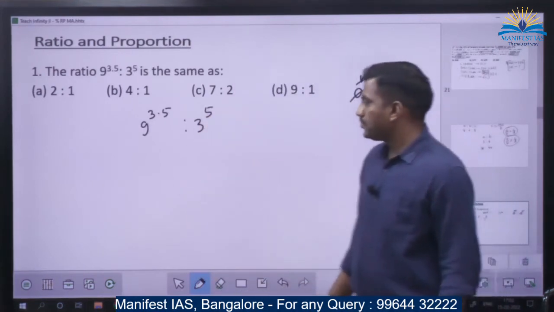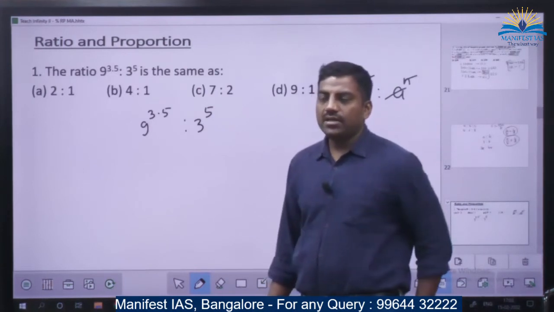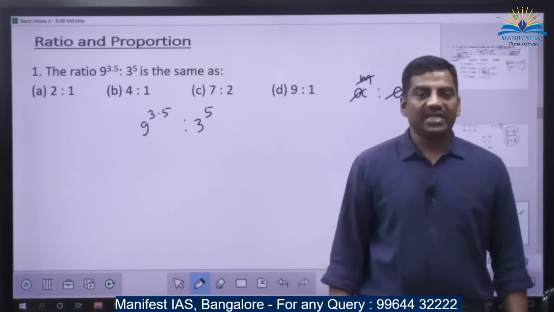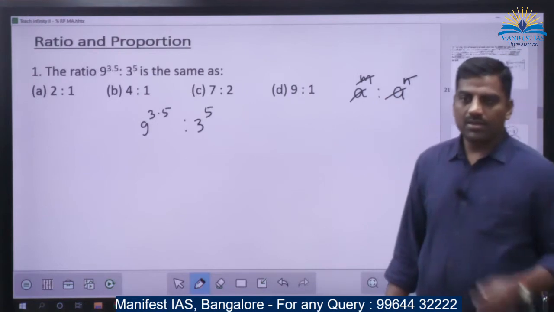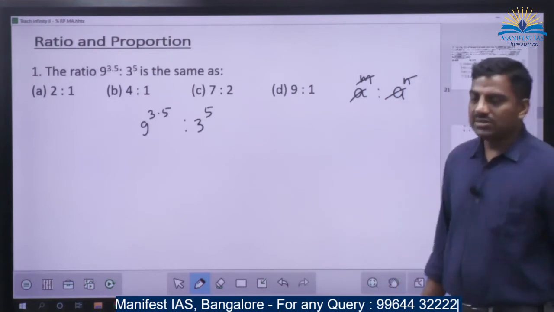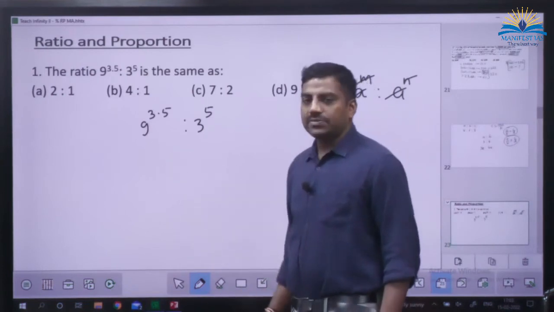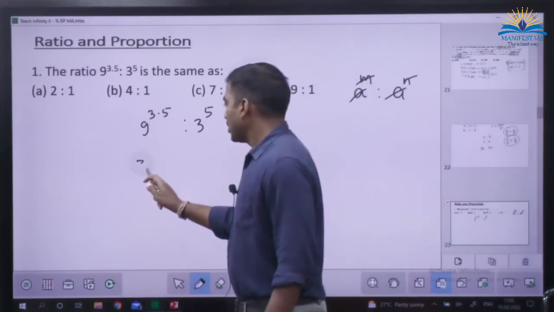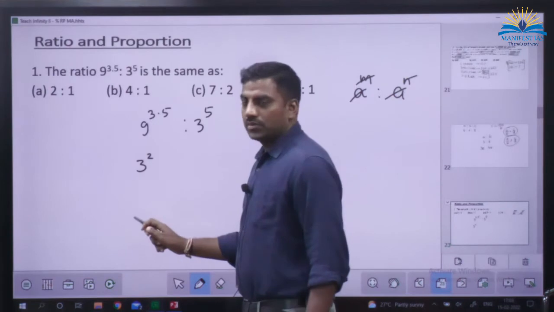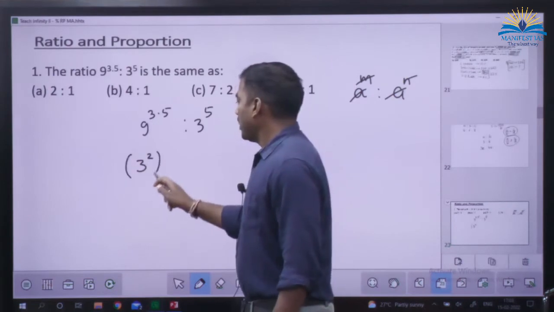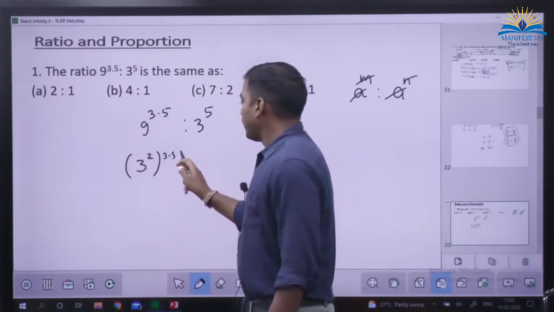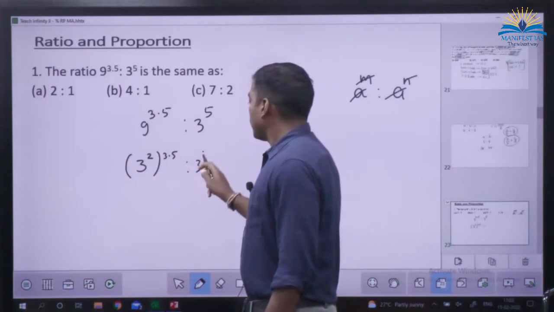What do we do? First, you have to see, can you express one base in terms of another? Here 9 can be expressed as 3 square, whole to the power 3.5, and here 3 to the power of 5.